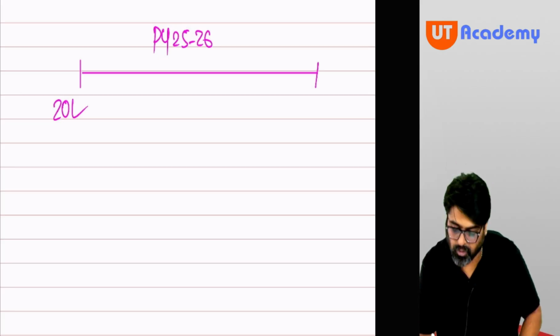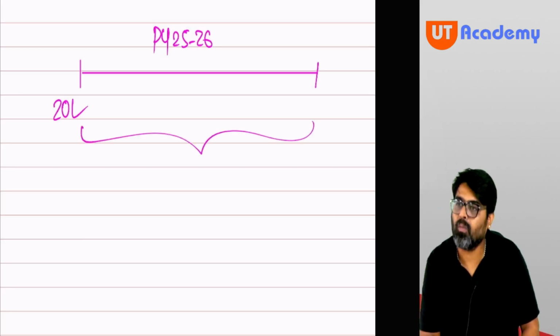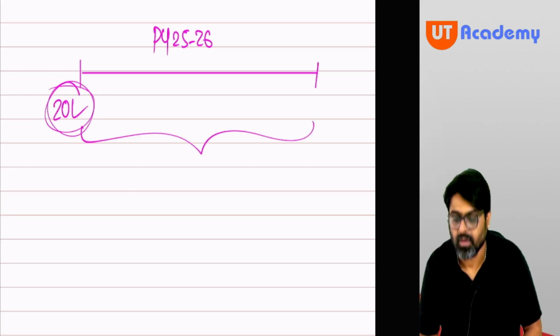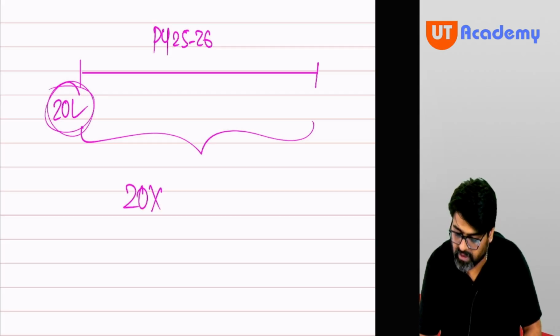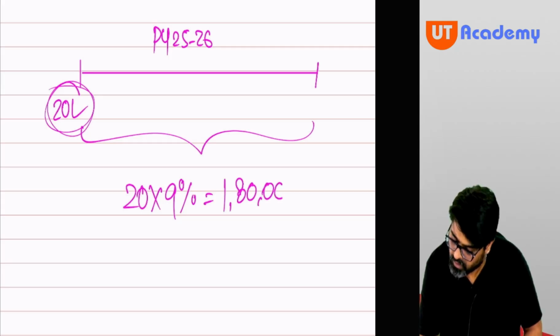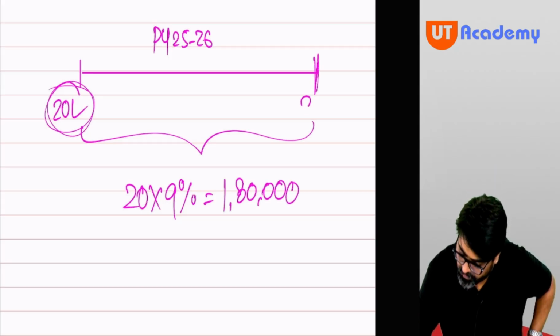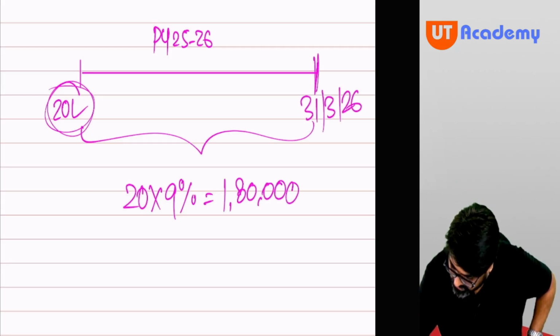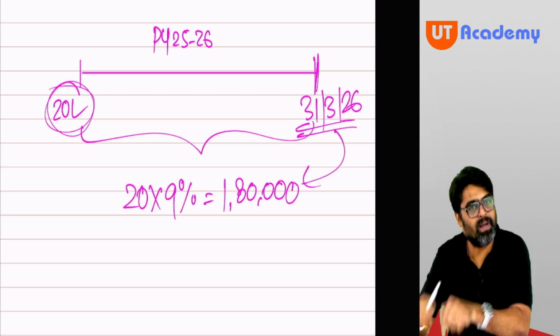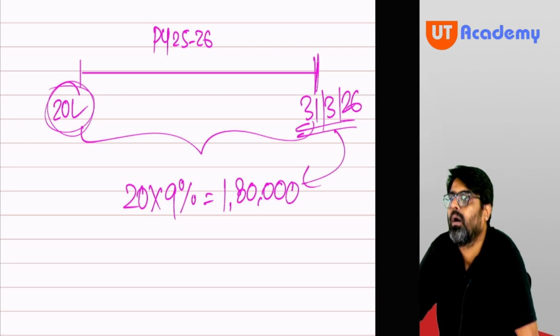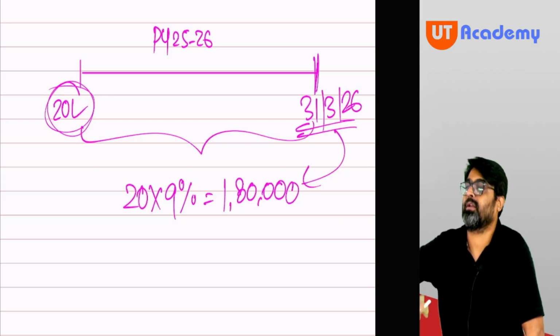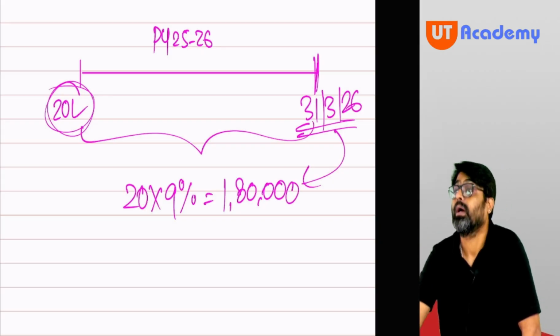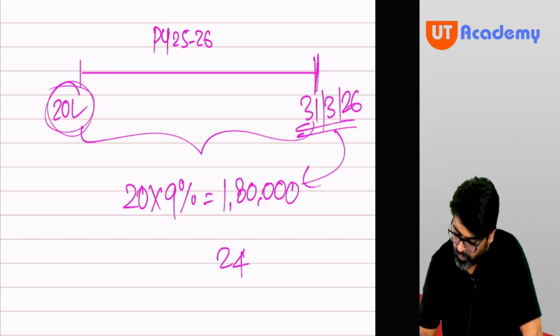Entire 20 lakh principal is outstanding for the full year. So for this entire year, how much principal was outstanding? On that 20 lakhs, what is the rate of interest? 9%. So what should be the interest? 1 lakh 80. So as on 31st March, I should have paid this much only, no? But they are saying, as on 31st March, how much is paid? 2 lakh 40 is paid.